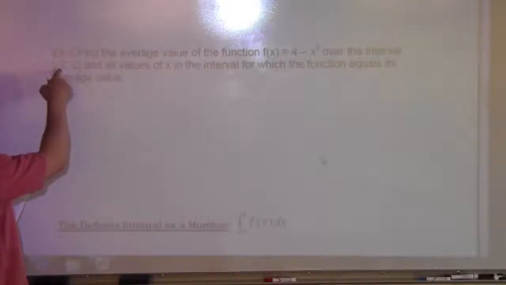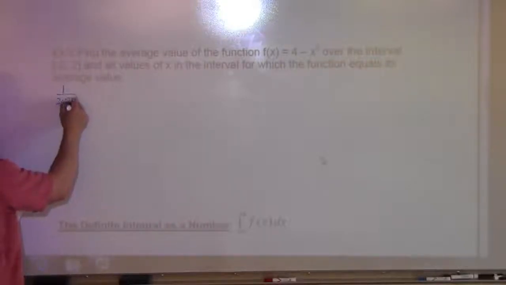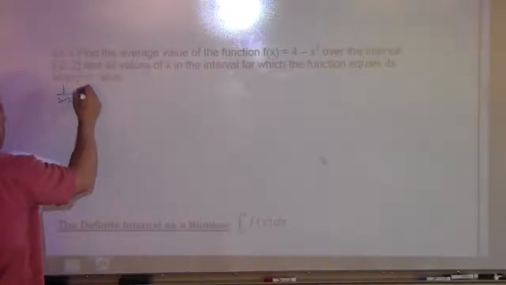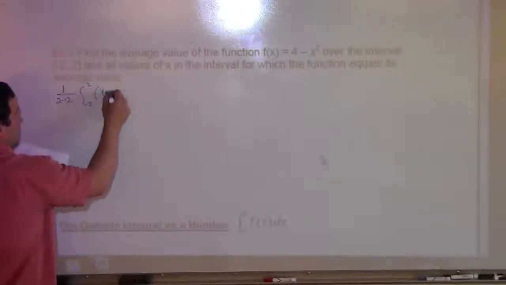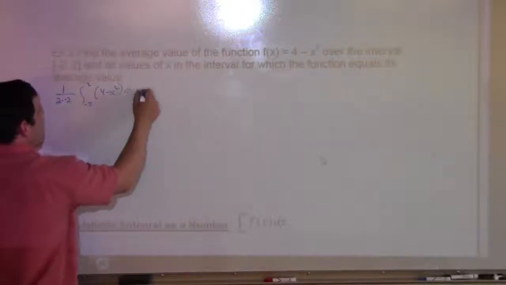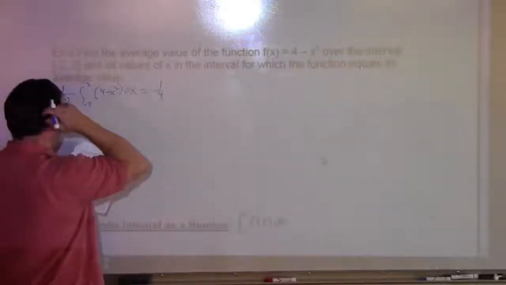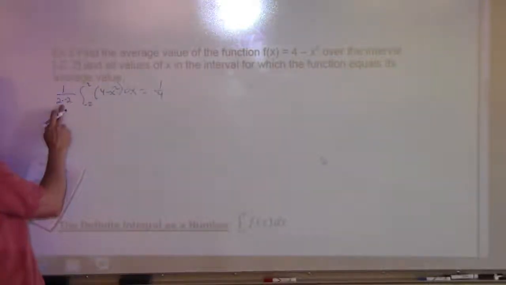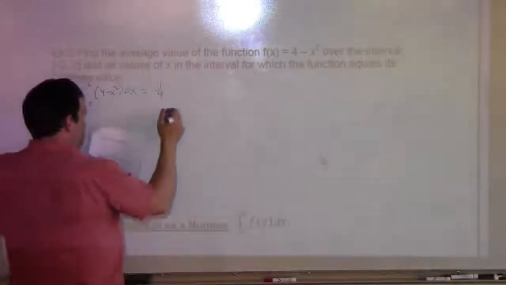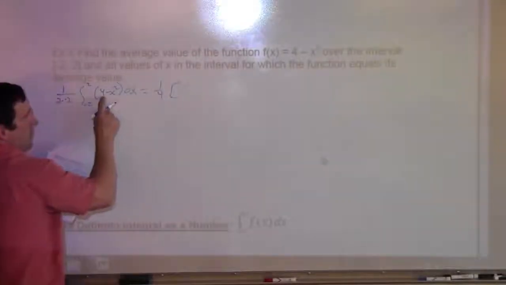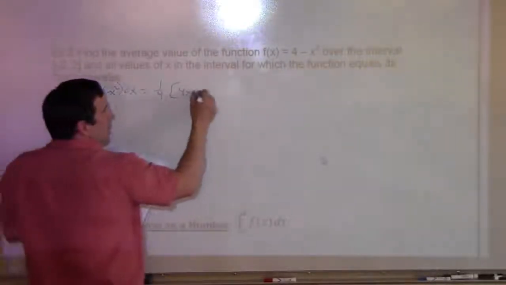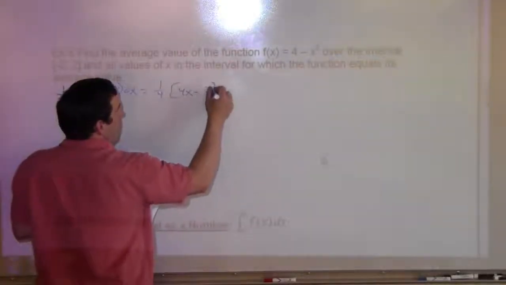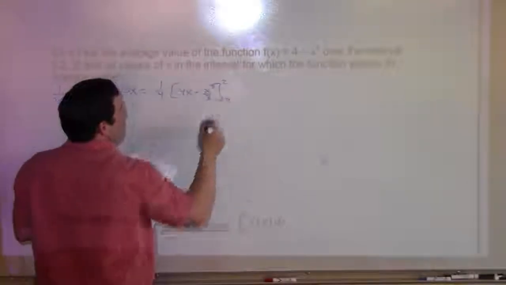So 2 is our b, negative 2 is our a. 1 over 2 minus negative 2 times the integral from negative 2 to 2 of 4 minus x squared dx. That's 1/4 times what? The antiderivative of 4 is 4x, and the antiderivative of x squared is x cubed over 3, from negative 2 to 2.